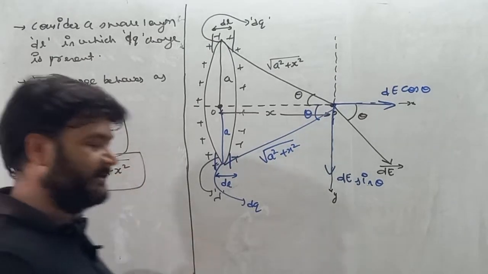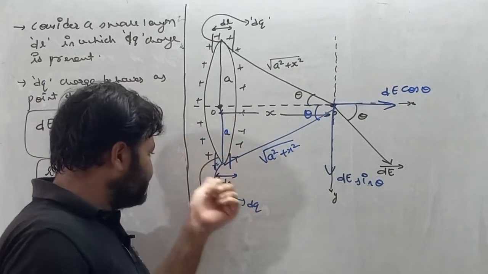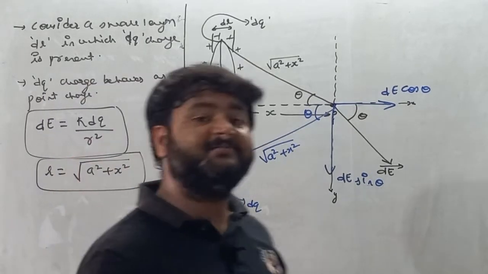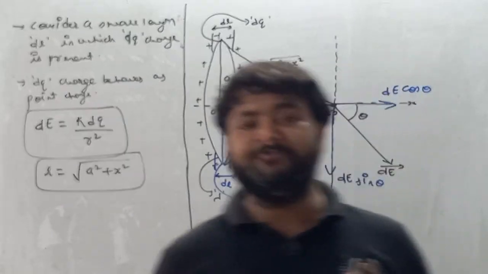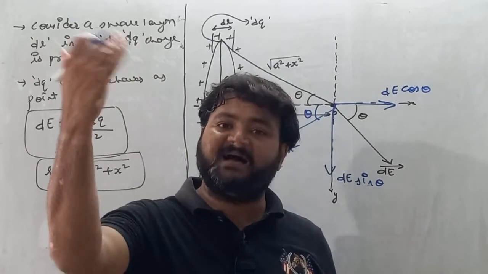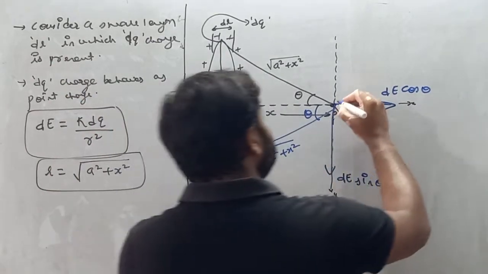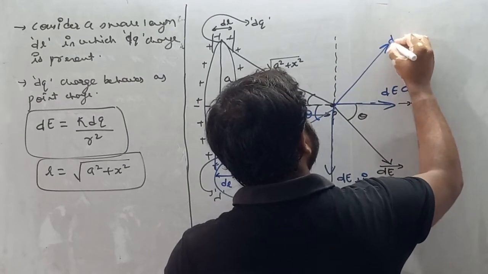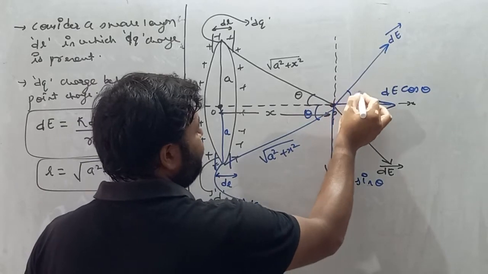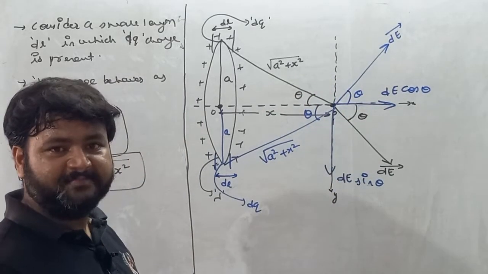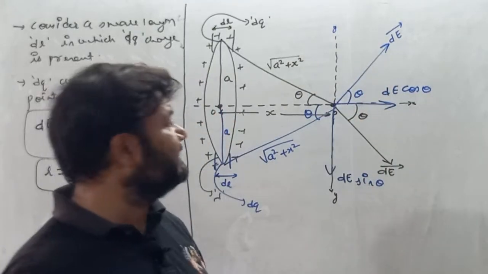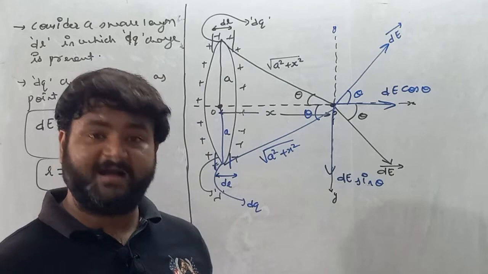Now see, my dear student, this element of ring, that is dl, carries dq charge, and the nature of charge is positive. We know that for a positive charge, the direction of electric field is always away from the charge. So we'll make the electric field like this, and if this angle is theta, this angle is also theta. Again, this dE cannot lie along the x-axis or along the y-axis.